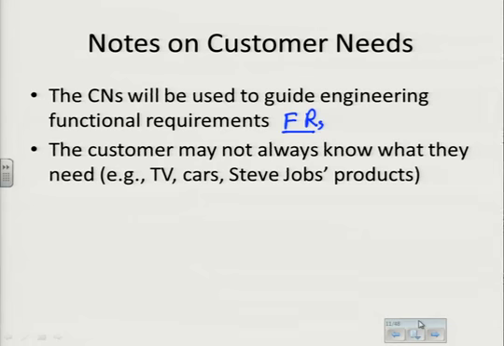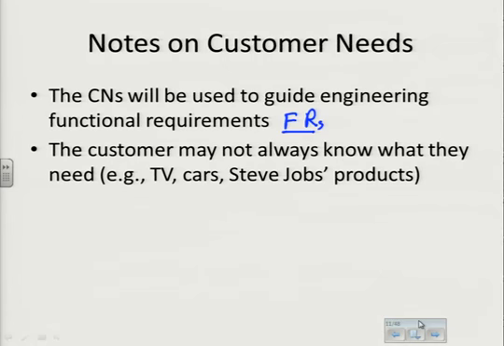I wasn't around, but I bet back before TV was invented, nobody said, I would like an entertainment system that would bring questionable programming in front of my children, keep my kids from reading, keep them inside on sunny days. But that's what a lot of people wanted, even though they didn't know it.